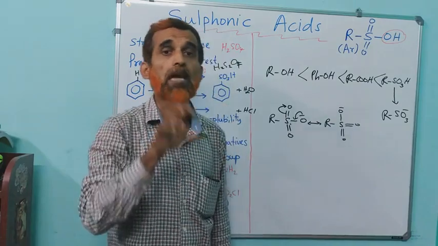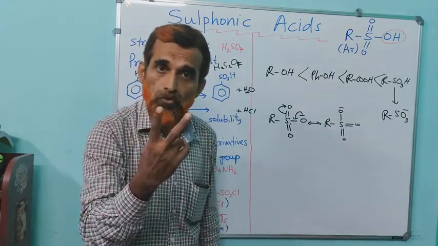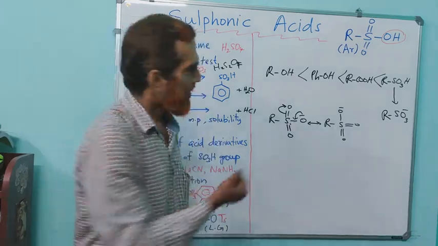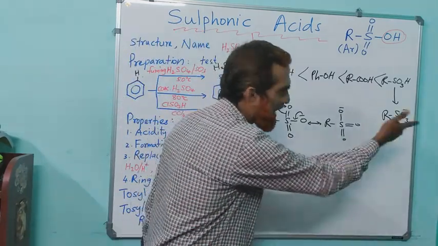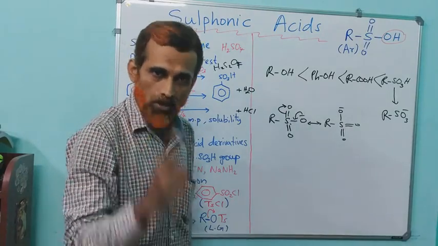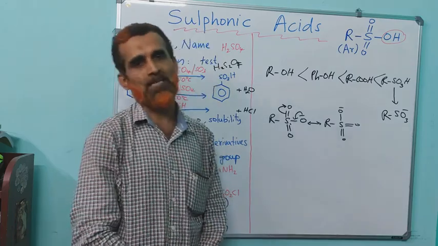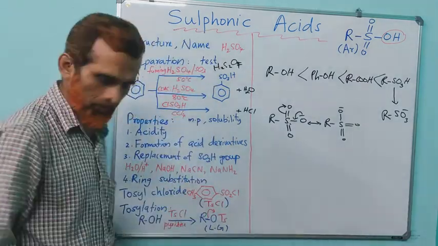It has equivalent resonance structures, number one, and it has 2 oxygens to stabilize the negative charge. What about sulfonic acid? Here also you get equivalent structures. Actually you have one more structure. 3 equivalent structures, and also there are 3 oxygen atoms to stabilize the negative charge. So it is more acidic than carboxylic acid.